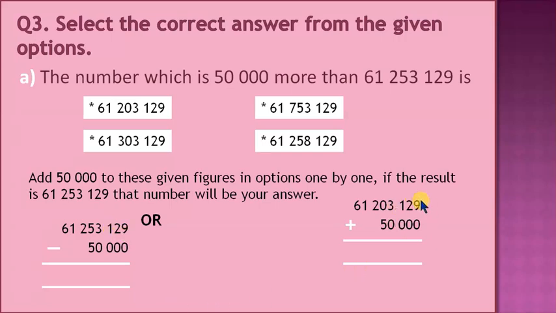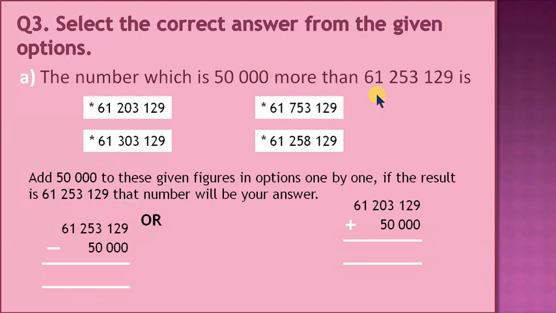Okay, check 9092135, okay, 216. You can see here this value. Okay, this value comes 61,203,129 is the answer. This is the first way you can find the answer, and this is the second way.